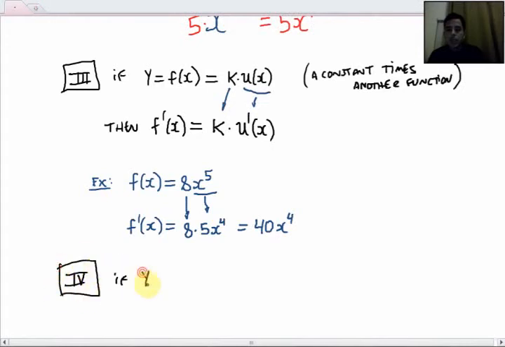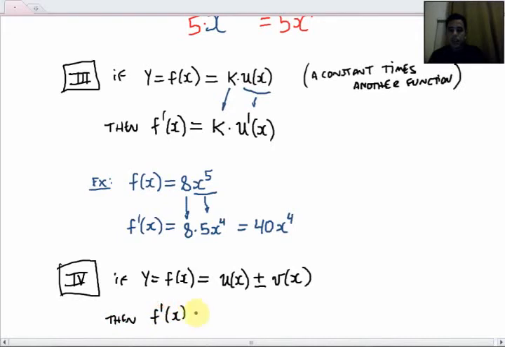So if you have a function that is one function plus or minus another function, then the derivative is simply the sum of the derivatives, the sum or subtraction of the derivatives. So take the derivative of that, and then plus or minus again, and then take the derivative of the second function.